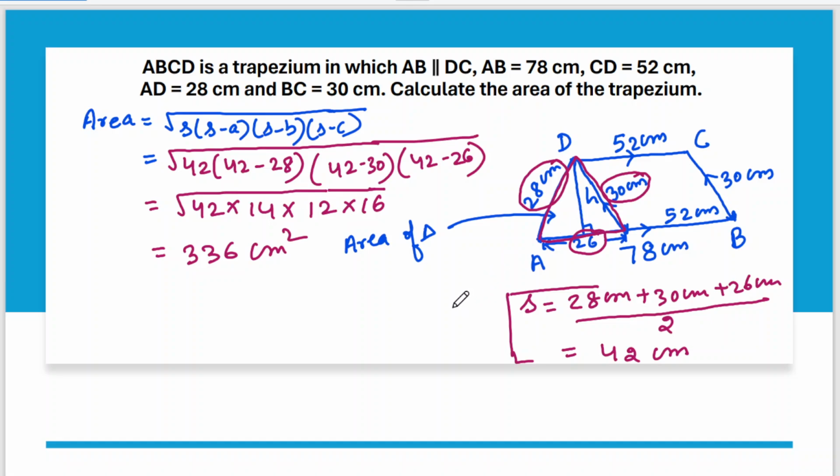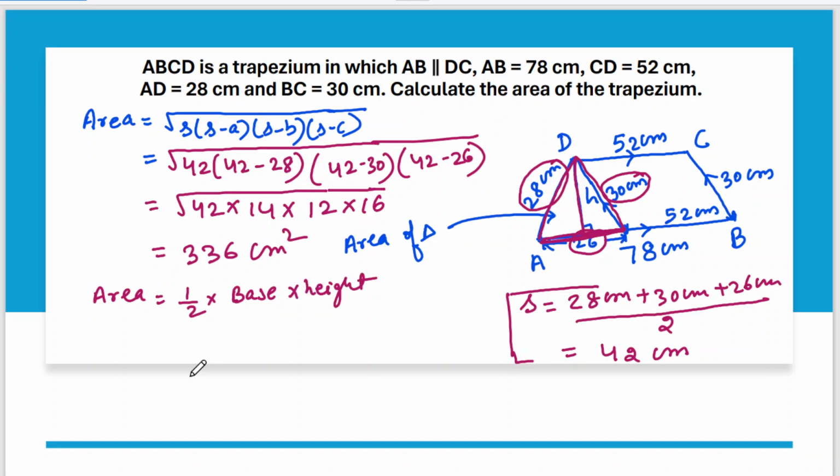Now, if you know the base and the height of any triangle, you can easily use the formula area equal to half into base into height.